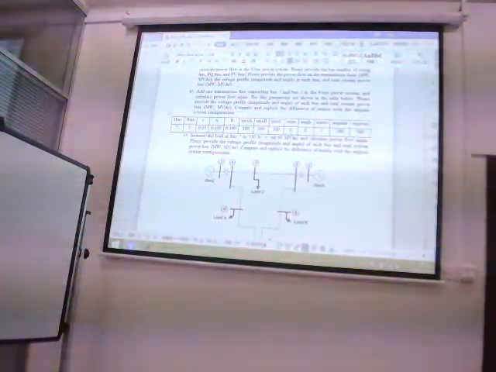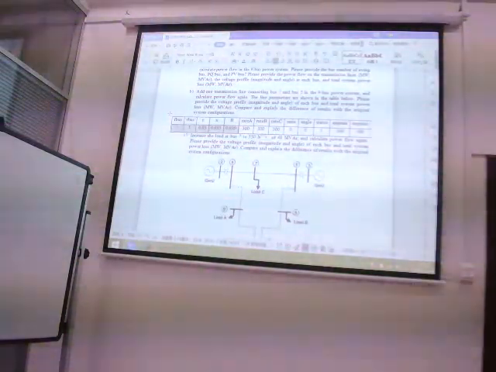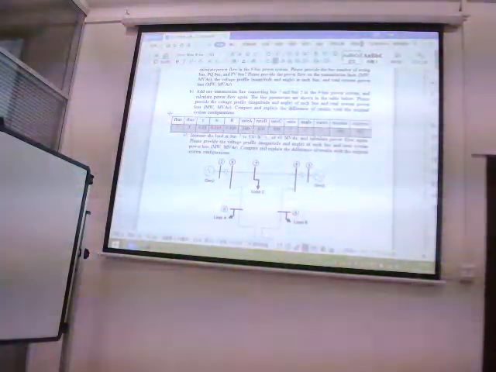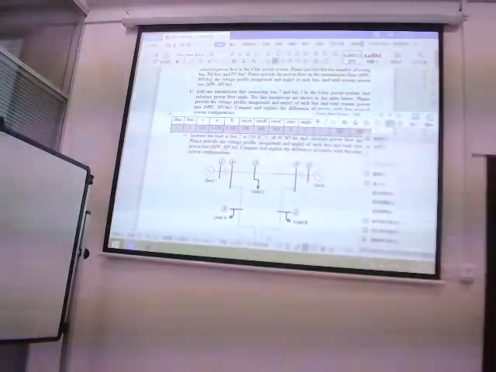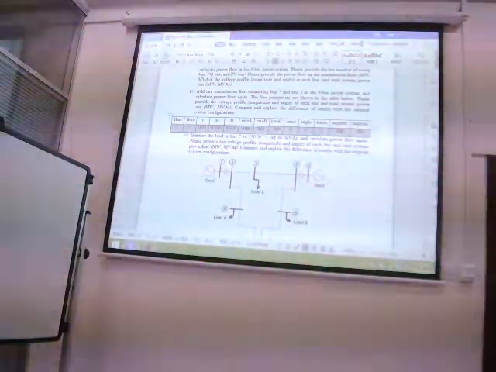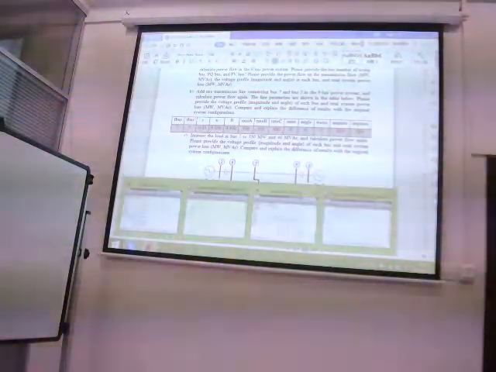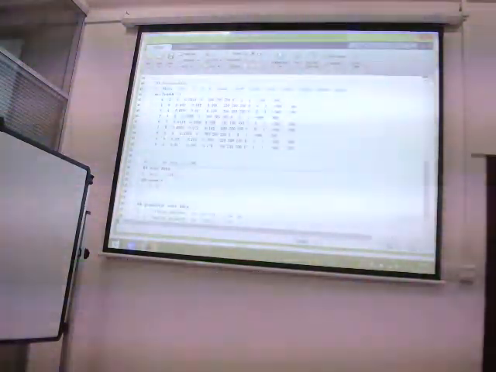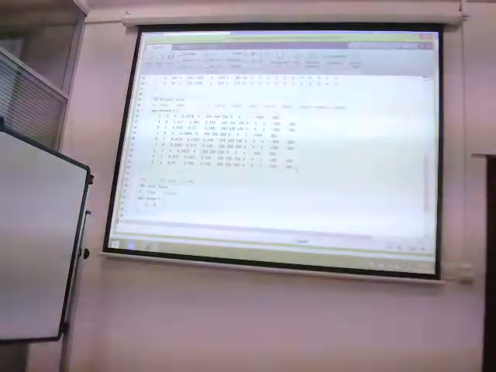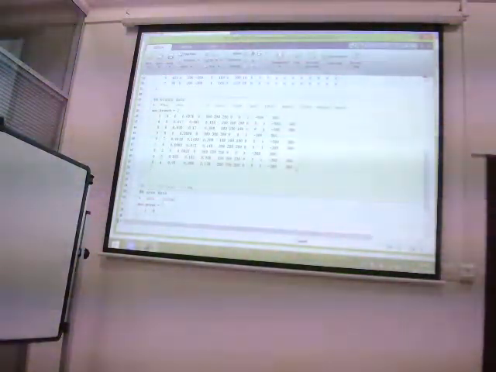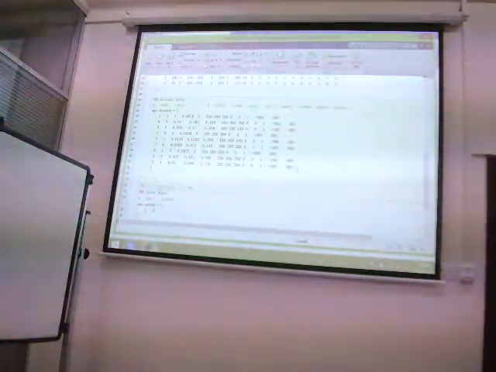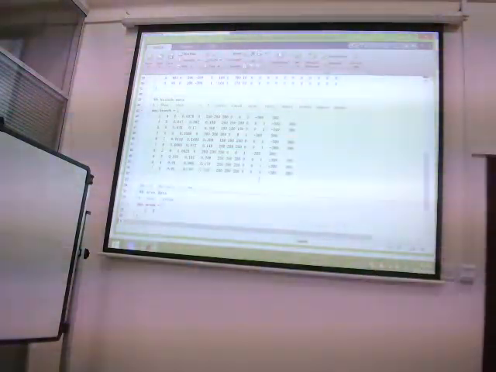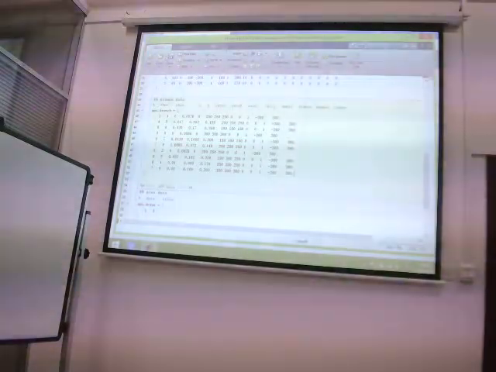Now let me show you how to do this. Firstly, we copy this profile because it's the branch data. Then we put it in the 9-bus system. We add it at the bottom of the branch data. Then click save.